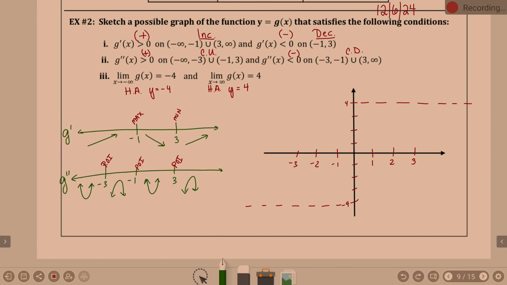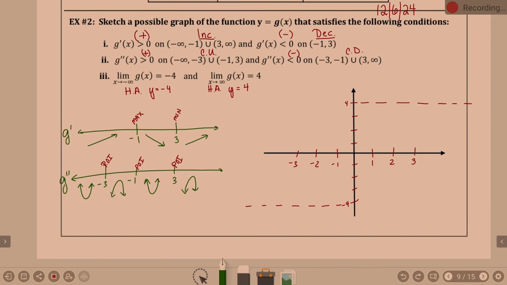And we're going to have a max somewhere on the -1 line. As you cross over the -3 line, you're going to change and be still increasing but concave down.